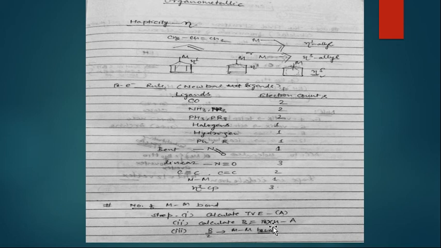In step three, B is divided by 2, which gives the number of metal bonds. So these are the 3 steps to calculate the metal-metal bonds, that is, how many metal bonds you will have in your organometallic compound.